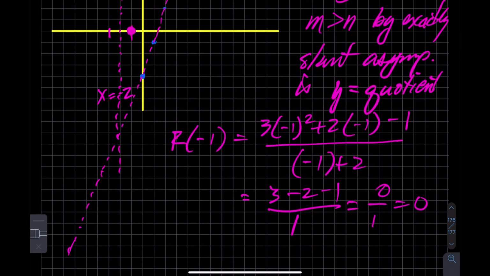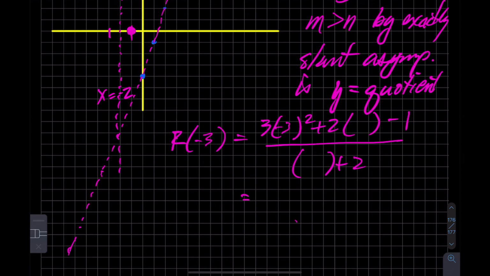So now I'm going to try -3. So -3 squared is 9 times 3 is 27, minus 2 times -3, which is 6, minus 1. -3 plus 2 is -1, which means I have 27 minus 6, which is 21.